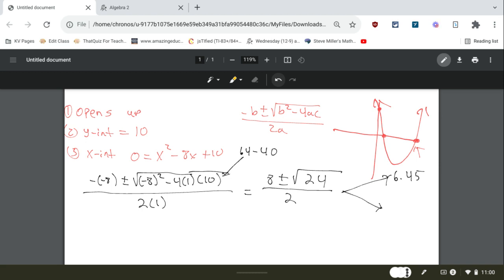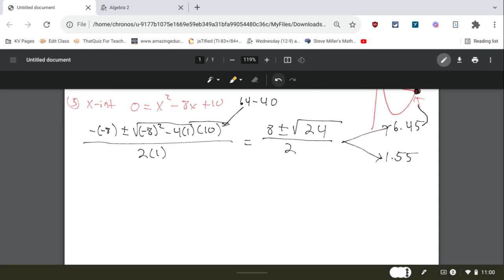And if I do the minus version, divided by 2, I'm going to get 1.55. There we go. So there's your 6.45 right here, and then the little one over on the left is your 1.55. Okay.